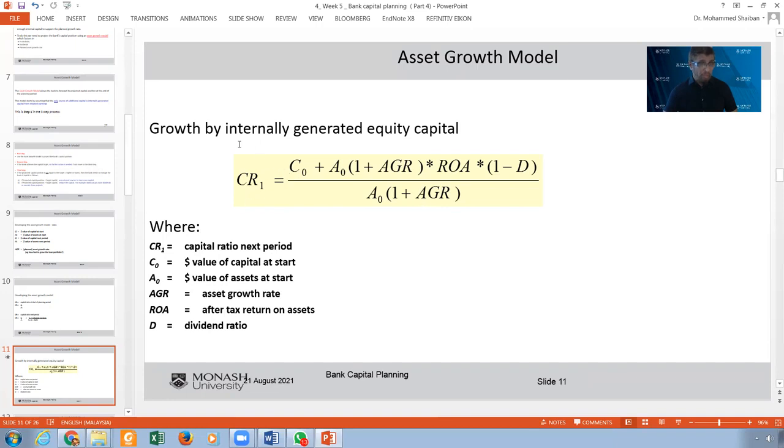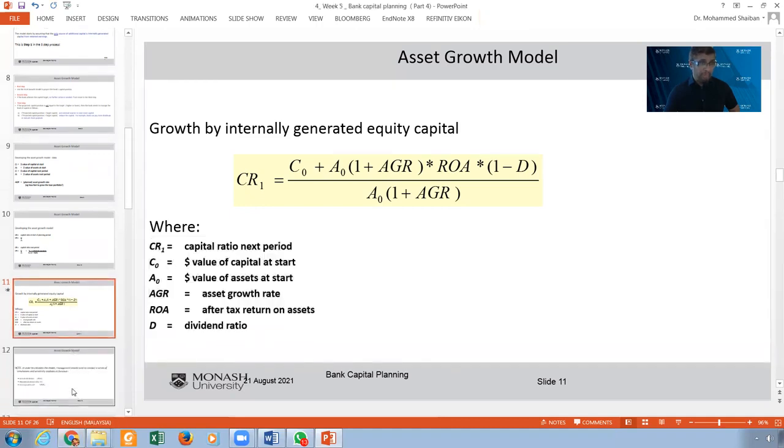So this is CR1, which is the capital ratio in year one, or we can call it the projected capital ratio, PCR. In this case, we need all those components to calculate the CR1.